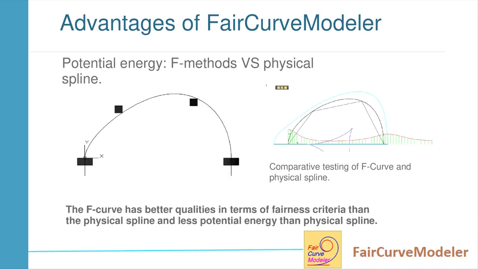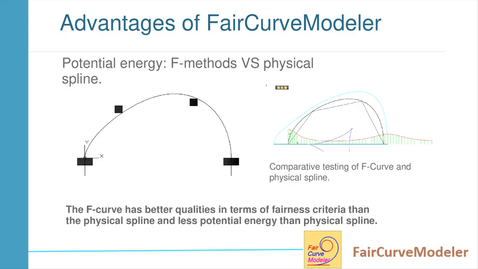Many experts consider the physical spline to be ideal for engineering curves, for example, for ship contours. It is believed that the physical spline curve minimizes the potential energy of the curve. We executed a comparative test. We took a flexible ruler and deformed it with weights.